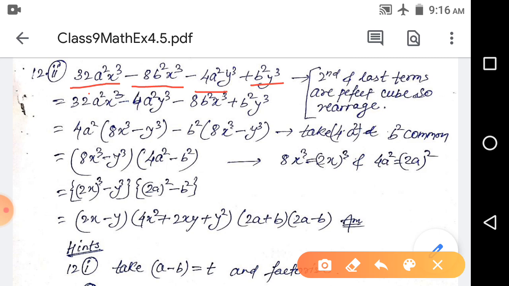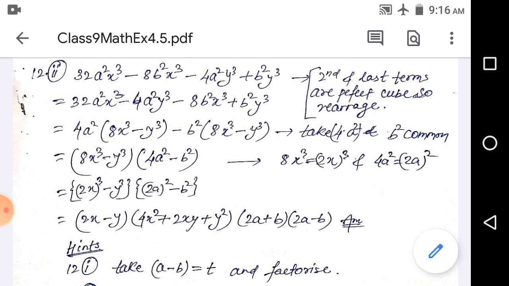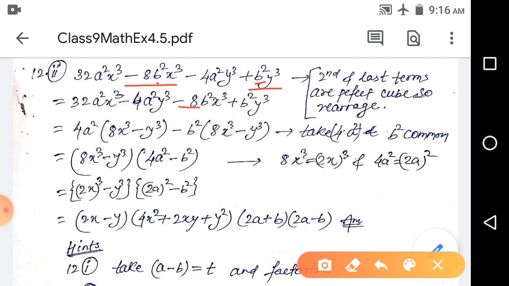If we try to see, the second term and the last term are perfect cubes if we take b square as common. So that's why we shifted those two terms, a rearrangement is done here. So this 4a square y cube is written here.